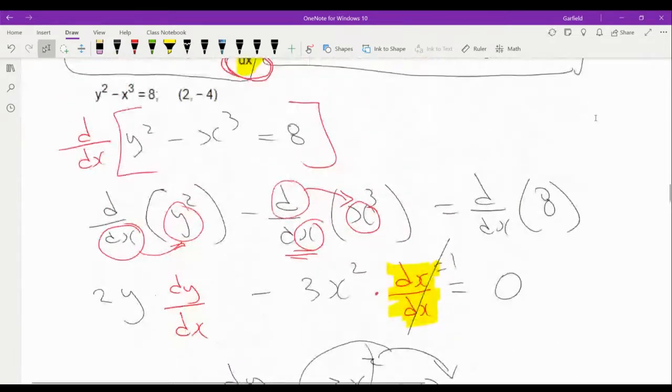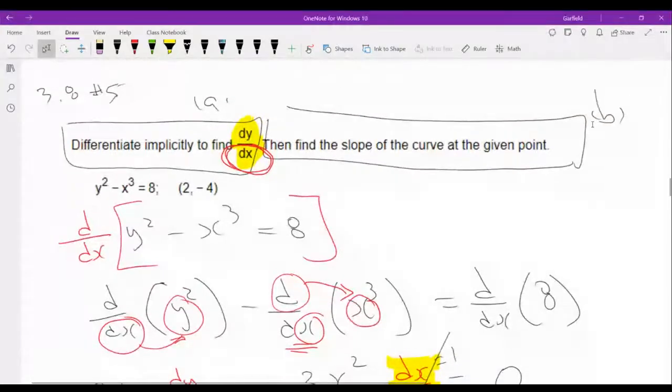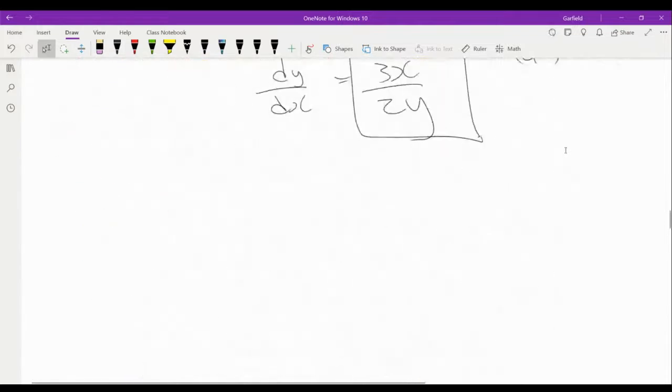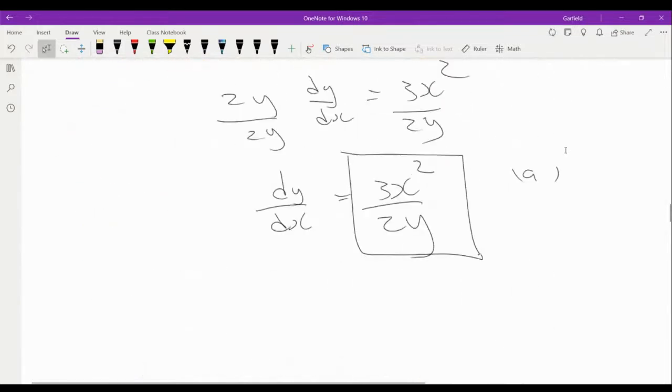Now part B says find the slope at the given point. And the given point is 2 and negative 4. So we're finding m at 2 and negative 4.